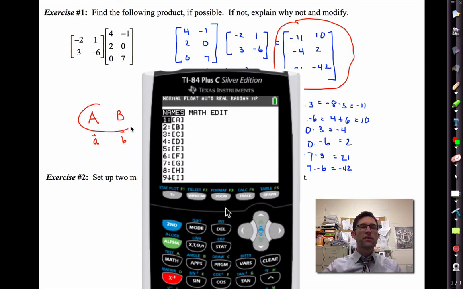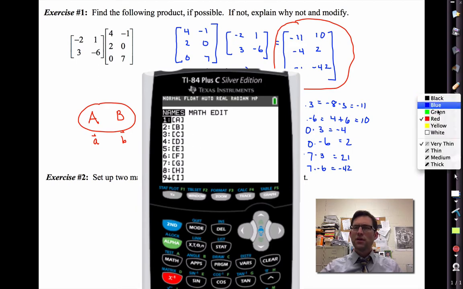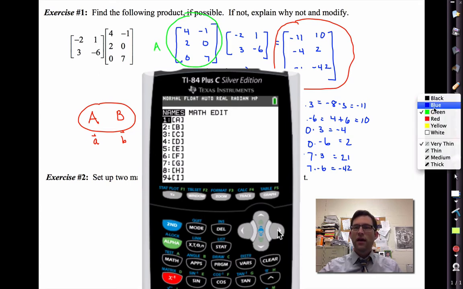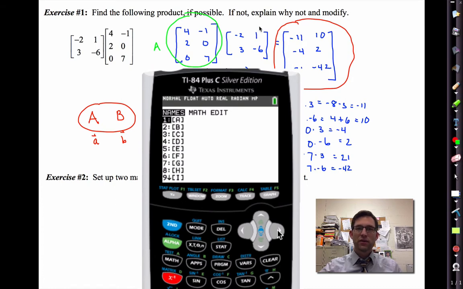Almost every time I've ever seen them, they have been designated with block capital letters. So we're going to let this one be matrix A, and let's go red again, limited amount of colors here, and I'll let that be B.